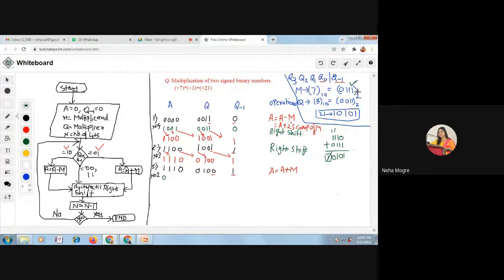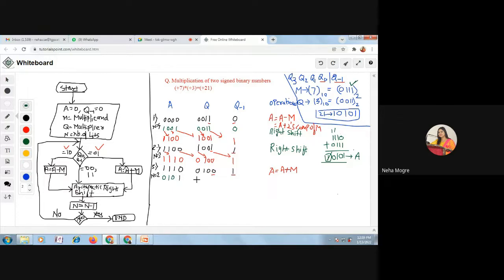Minus M is the 2's complement of 0 1 1 1. Am I clear with this? Yes, ma'am. Now, this is the value of A. Discard the carry and take the result. So this is now my new A, that is 0 1 0 1.